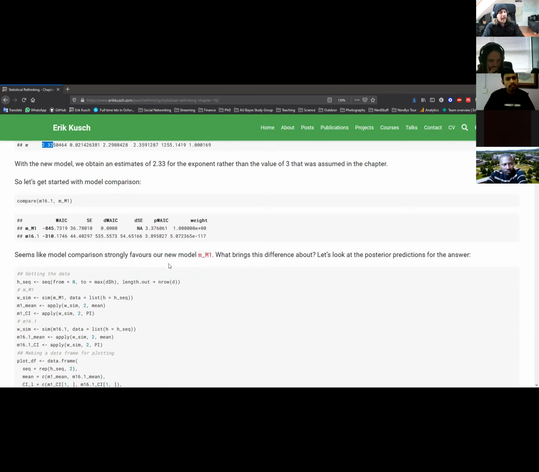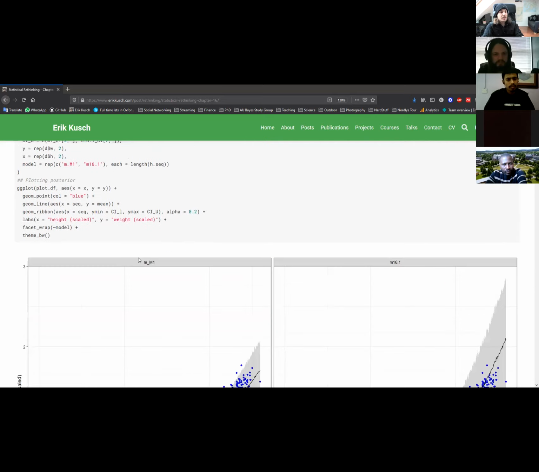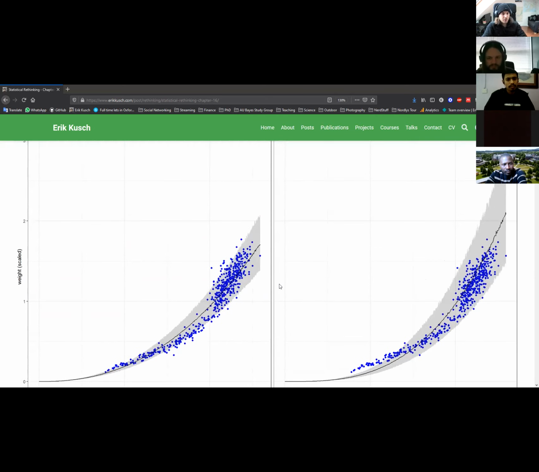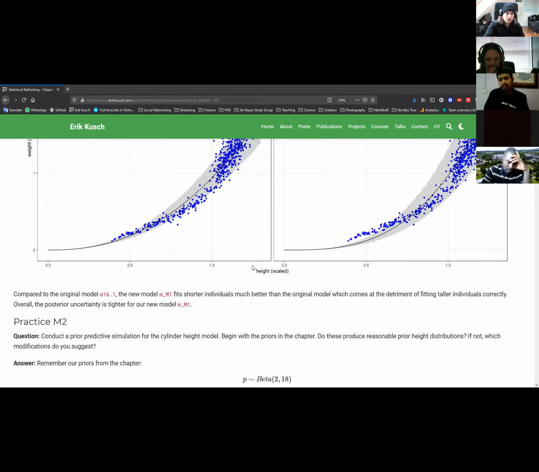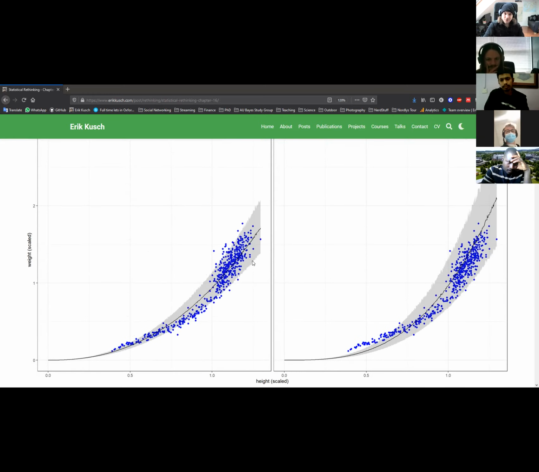And let's look at how it might be better at fitting the data, seeing how model comparison strongly favors our new model. This is where we plot our posterior predictive functions. Left-hand side is the new model, right-hand side is the old model. Let me just quickly make sure that, yes, that is true.